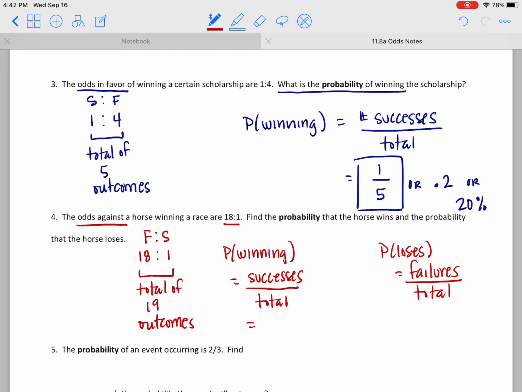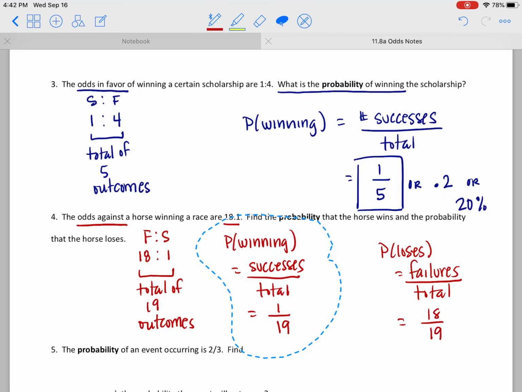Okay, so in this case, there's only 1 success, and the total was 19. So there's a 1 in 19 chance of the horse winning, and there were 18 failures out of the 19 total. So the probability that the horse loses is 18 out of 19. And again, just move this stuff around.